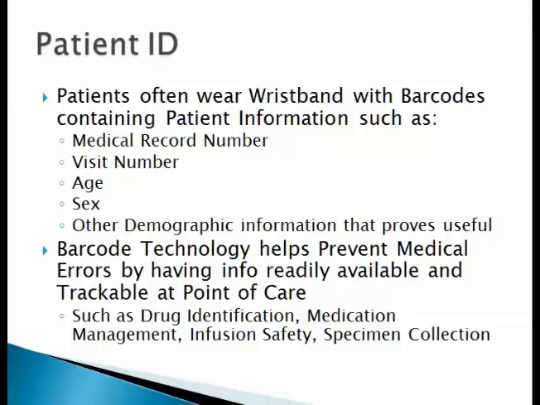Barcode technology helps prevent medical errors by having information readily available and trackable at the point of care, such as drug identification, medication management, infusion safety, specimen collection. The list goes on and on. Very helpful in a hospital setting.